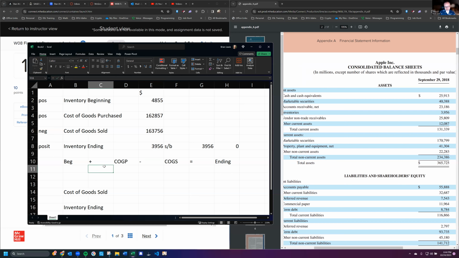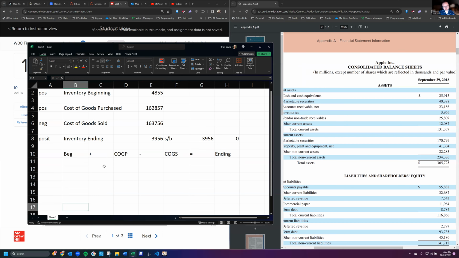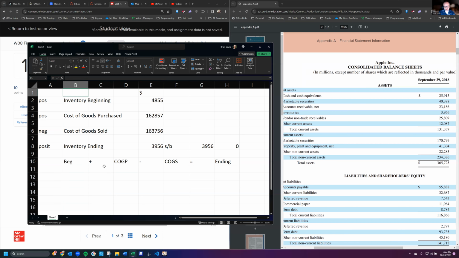Then we can plug in what we know. We knew the 44855. We don't know the cost of goods purchased. We do know the cost of goods sold, 163,756, equals inventory of 3956. Now we don't know what this is, so we just call this X. If we solve for X, we can just put the numbers in here.